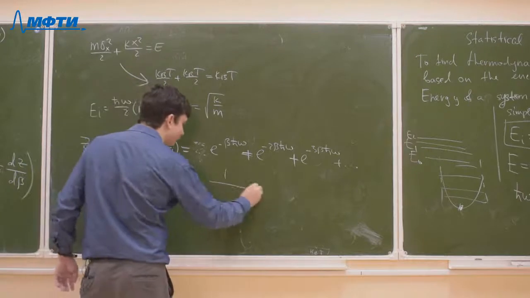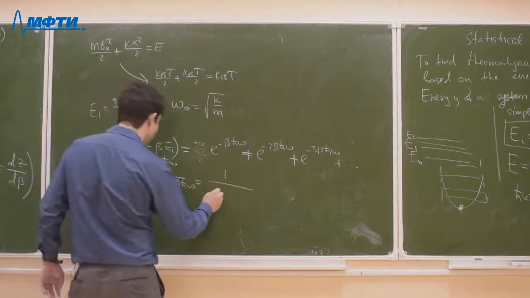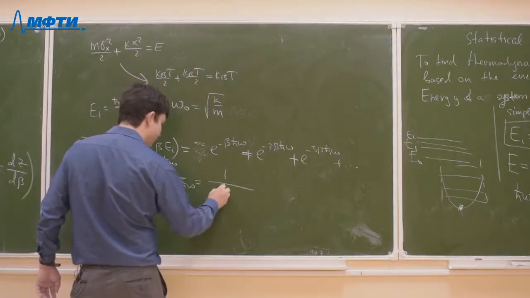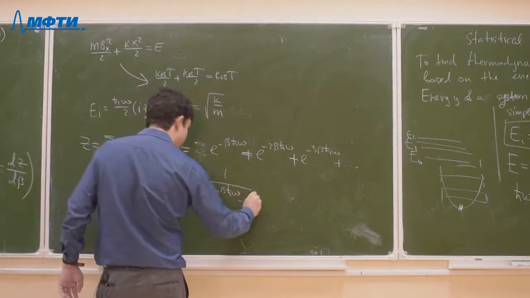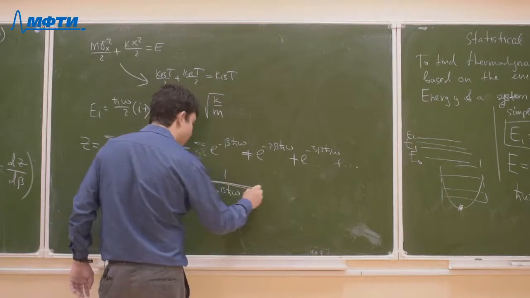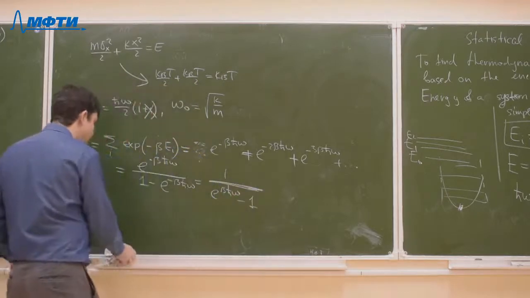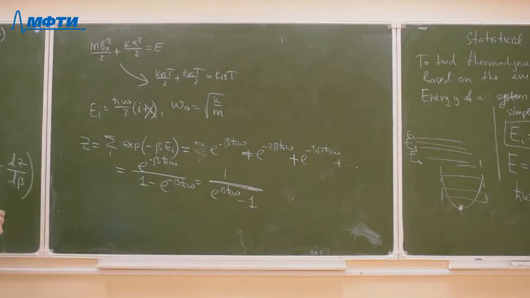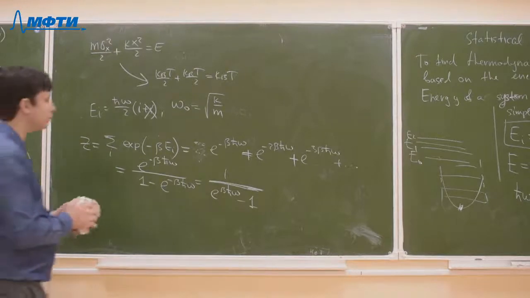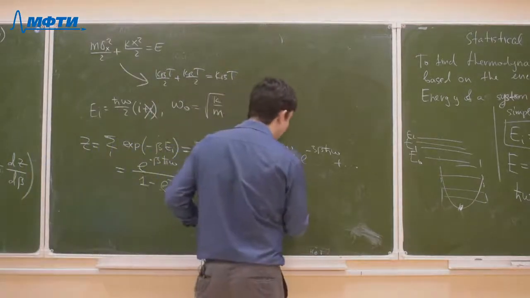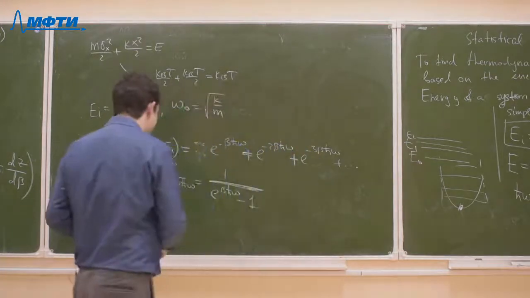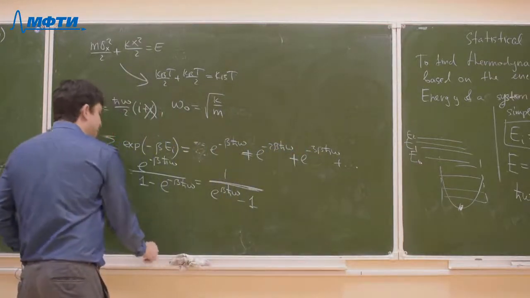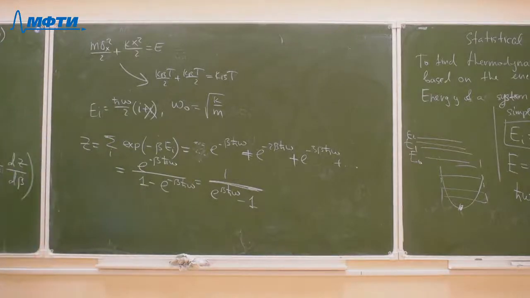Finally we have the following partition function. From this partition function, we can find the average energy of this oscillator.